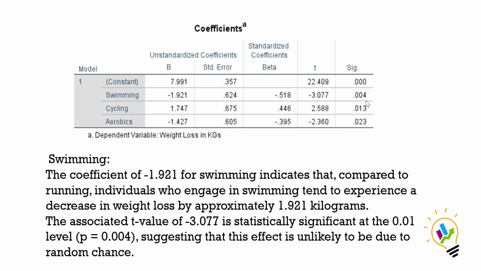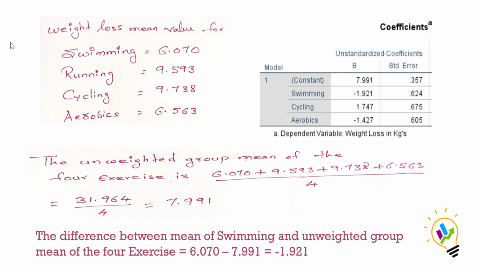So this is significant. Now let us see how we got this value of minus 1.921. Again you see the mean weight loss for swimming is 6.070. The unweighted group mean of 4 exercises is 7.991.